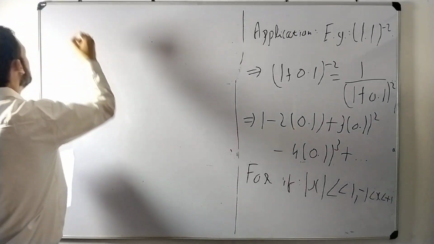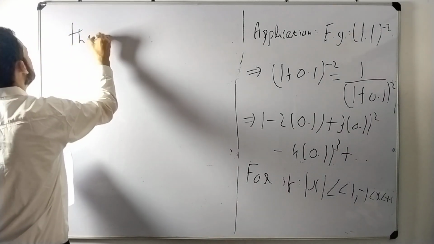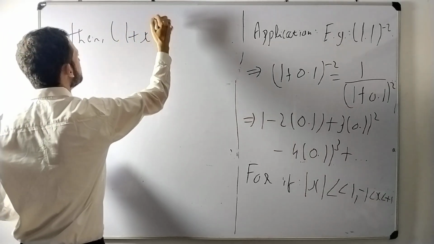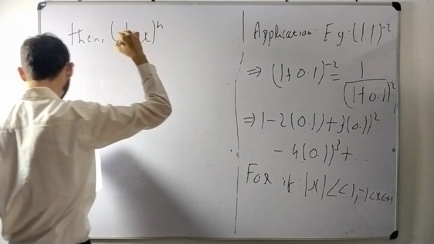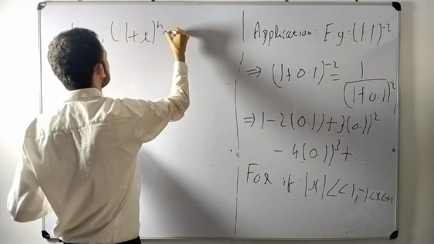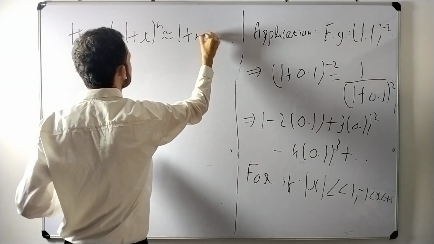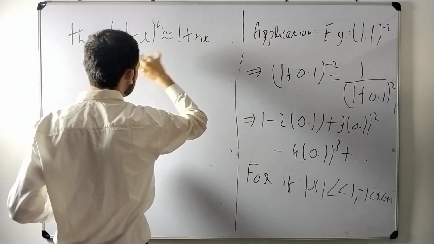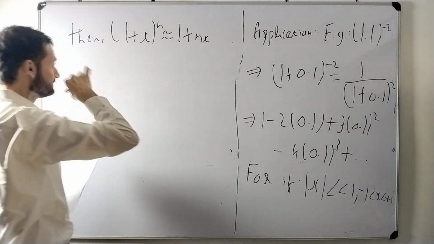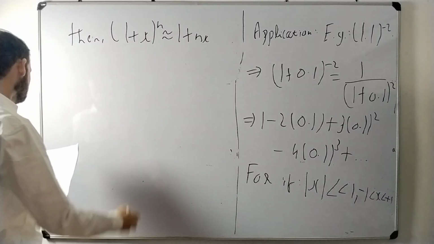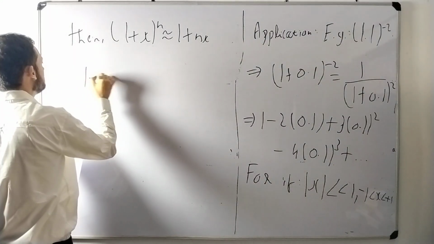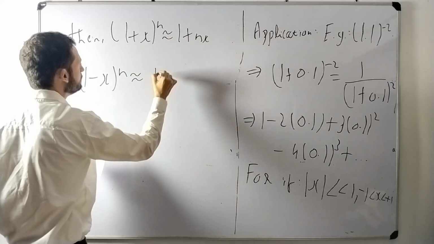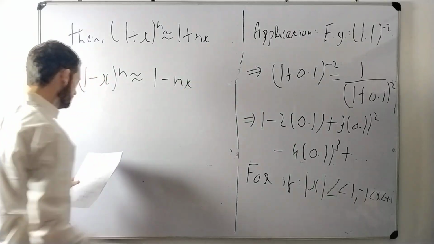So then the formula of 1 plus x to the n becomes approximately equal to 1 plus nx. So you have noticed the equal to sign doesn't come, the approximate sign comes. And 1 minus x to the n is approximately 1 minus nx.